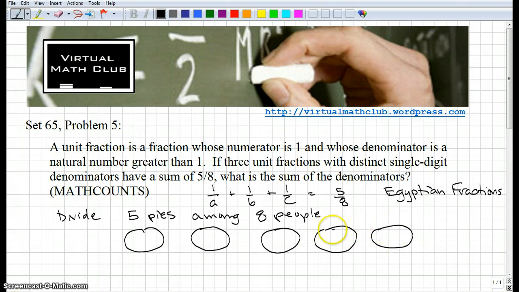Each person would get 5/8 of a pie, and you could divide each pie into 8 pieces and give each person 5 of those pieces, but that's not the way the Egyptians would have done it.